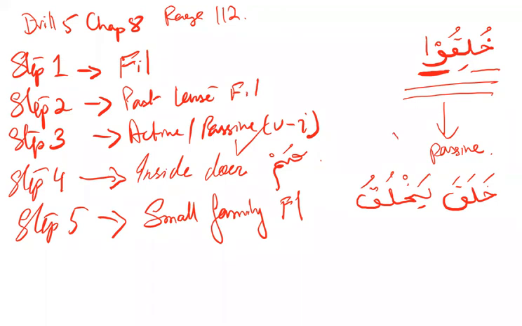So that we'll know only from the dictionary, right? Yes. Either you know already or you use the dictionary. So khalaqa yakhluqu. Khalaqa means he created, and khuliqa means he was created.